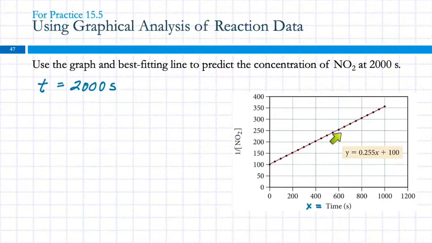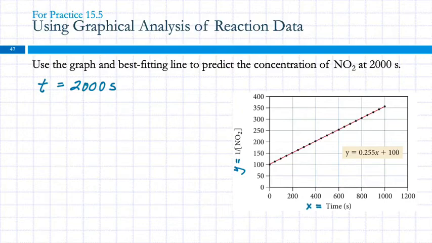So in this equation for this line, if I put the time in for x and do the math, that's going to give me y. And this is what y is. Y is 1 over NO2. Because we're graphing the y-axis and the x-axis, it's just that x and y are other things.